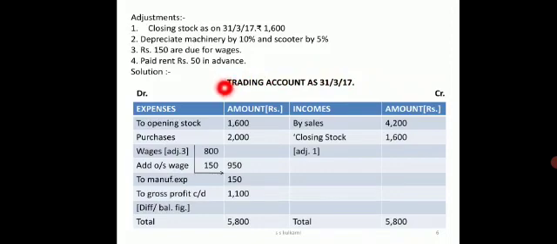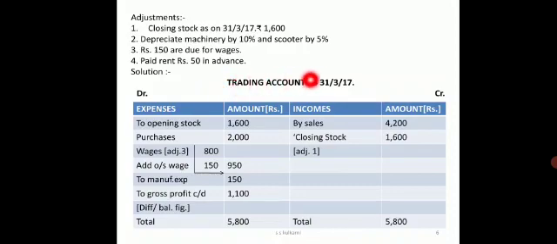So remember, when I am preparing the trading and profit and loss account and balance sheet, all assets and liabilities are taken to the balance sheet, whereas expenses are taken in the trading and profit and loss account.